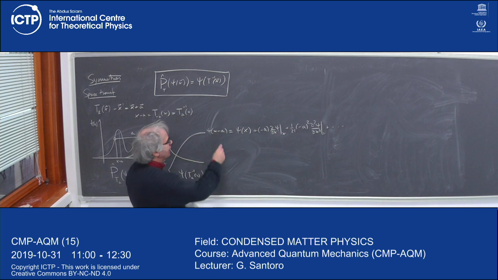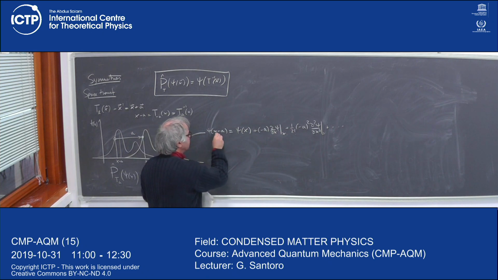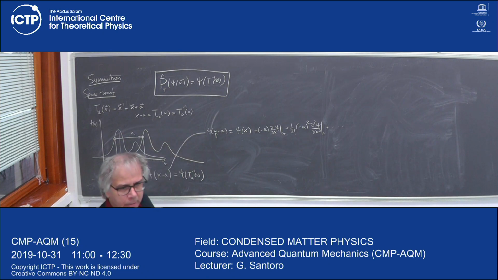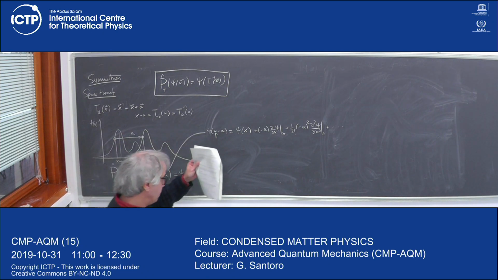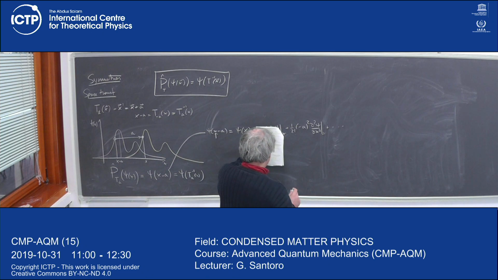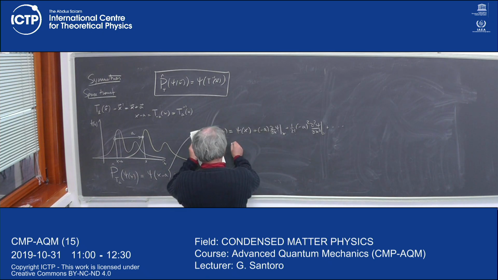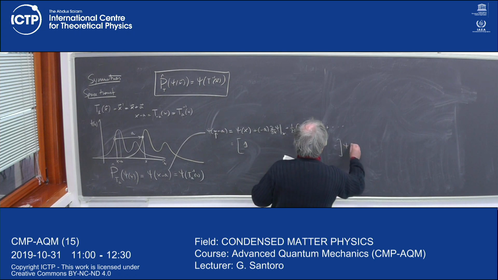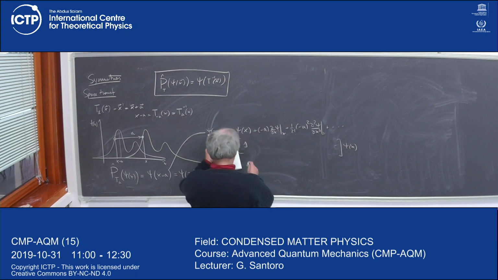I am expanding close to point x, okay, assuming that this function has all derivatives. Okay, if I do so, then I realize that this object is equal to the identity applied to psi of x, okay?